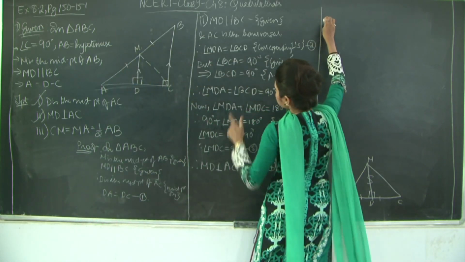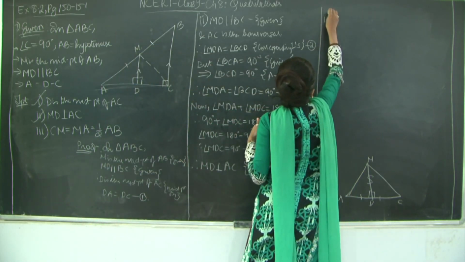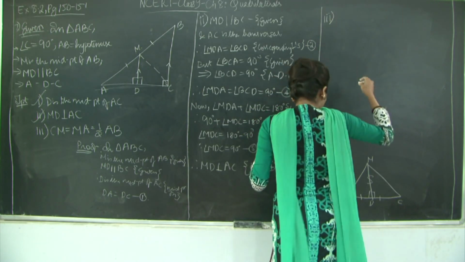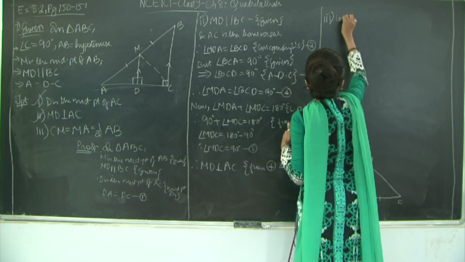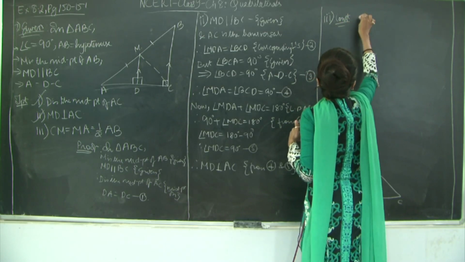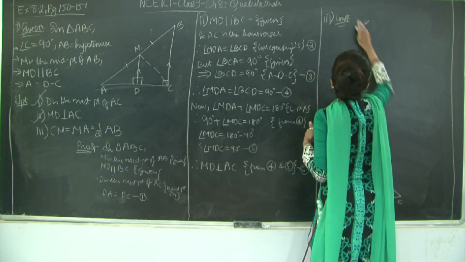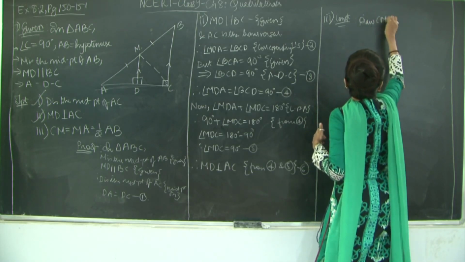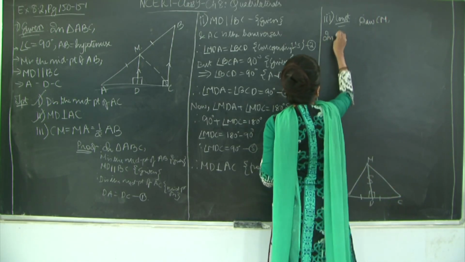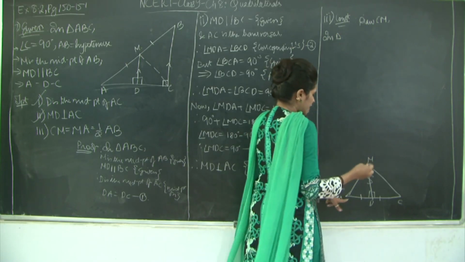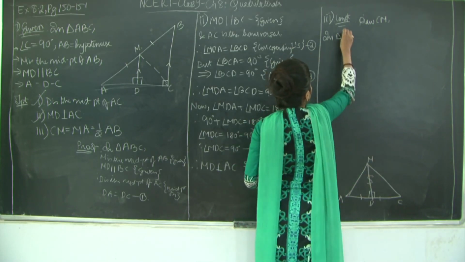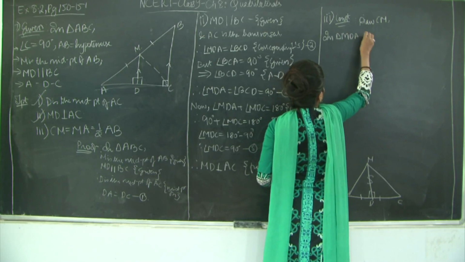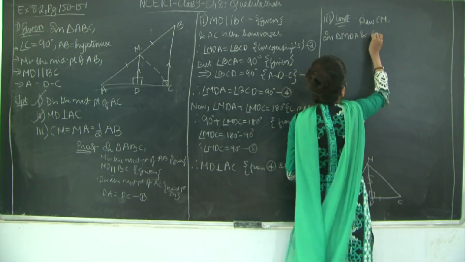So, for my third section, let's write down about a construction. So, I'll say construction, join or draw CM. So, now in triangle, which are my triangles? MDA and MDC.